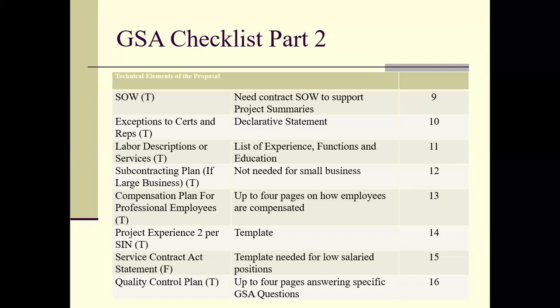We talked a little bit about the labor category descriptions. Again, it's minimal levels of experience, functions, and education to include any certification. You can use in lieu of statements.